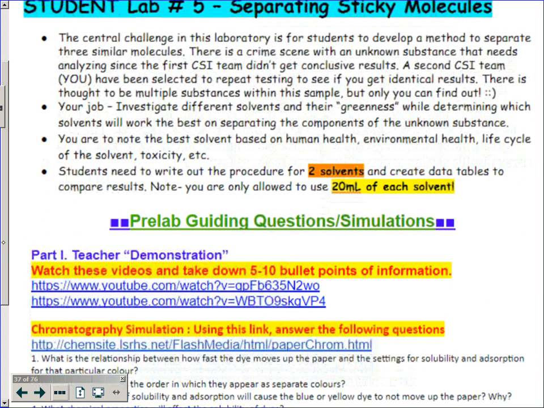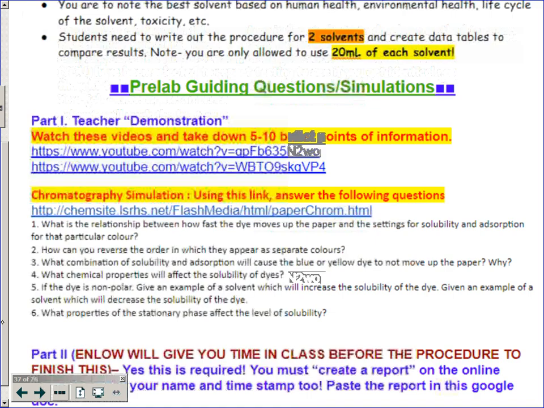But before you even get into the procedural aspect, you'll notice there are 2 parts. The first is the teacher demonstration, because this is chromatography. You've seen chromatography before, either in honors chem or elsewhere. Your job is to, first off, watch 2 quick videos. They're about 5 minutes total. And then you're going to look into this simulation to indicate what's happening in the chromatography-based experiment. So we're going to start here, okay?